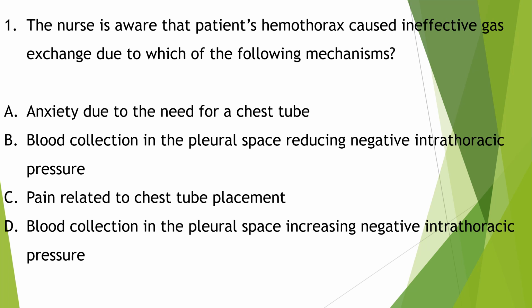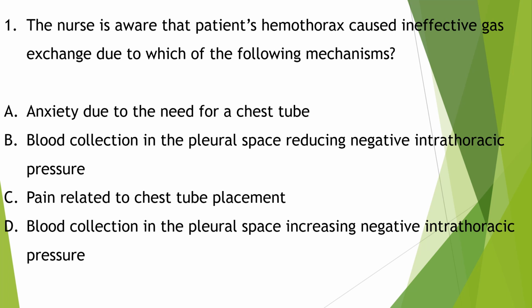So the patient has got hemothorax also. In hemothorax, the presence of blood is there in the pleural space, and it occurs if there has been a laceration of the pulmonary vessel with a blunt or penetrating trauma. And like pneumothorax, as blood fills the pleural space, the negative pressure is lost. That means the patient is developing more positive pressure.